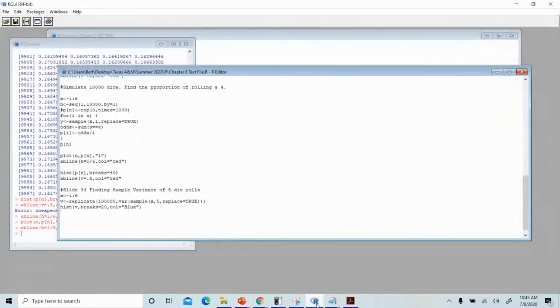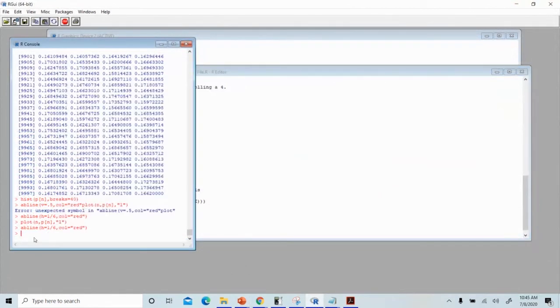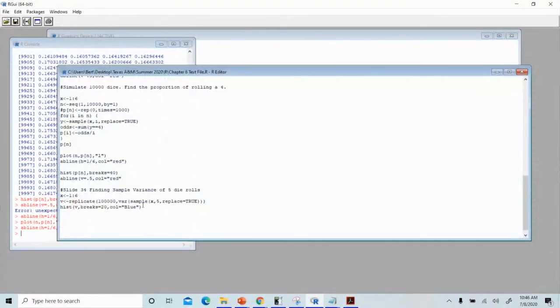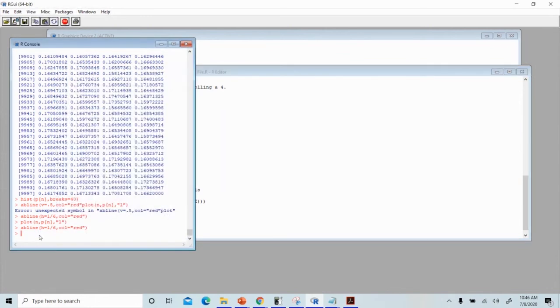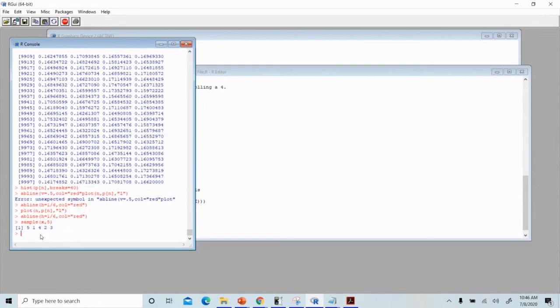So R has a way, I can use this idea of dice rolls, right? So then I can do samples of 5. So I could sample dice rolls 5 times, okay? But I could also find the variance of that. So I can find the variance of my sample.